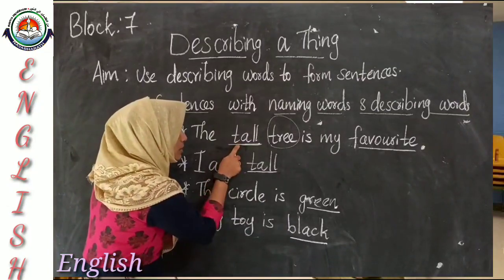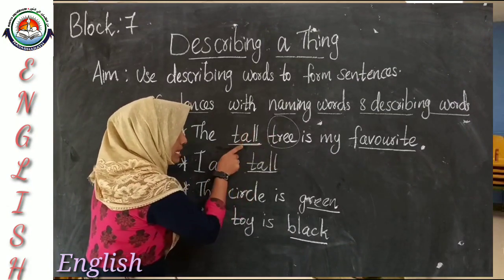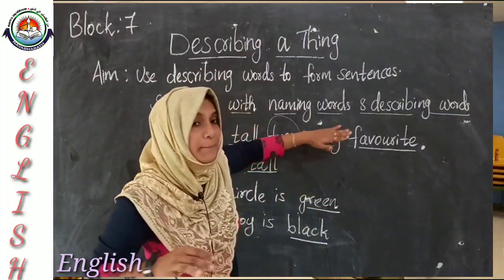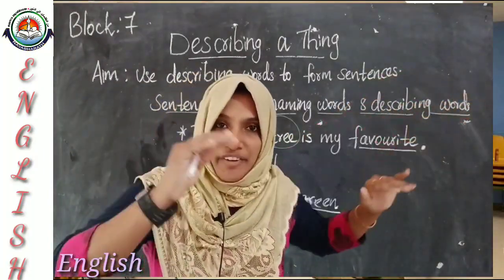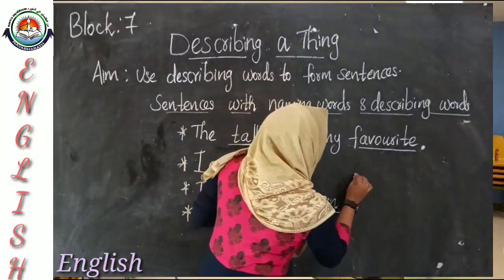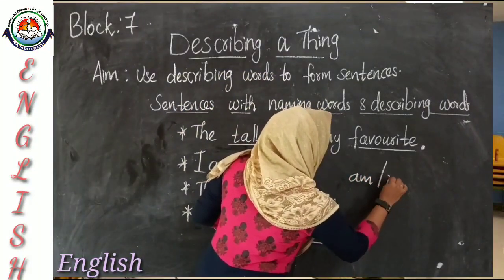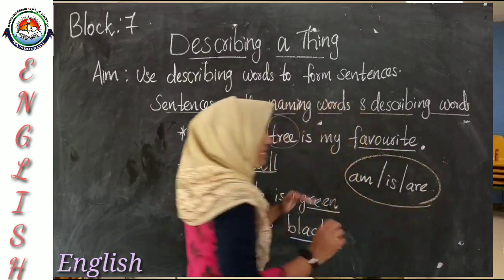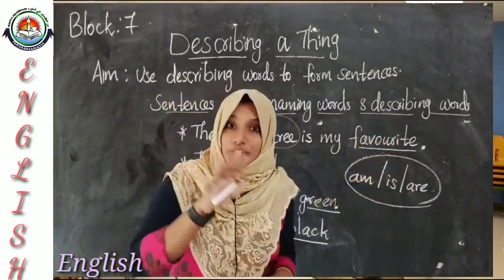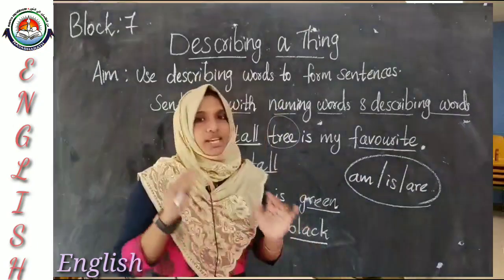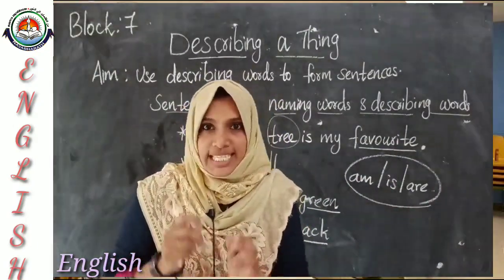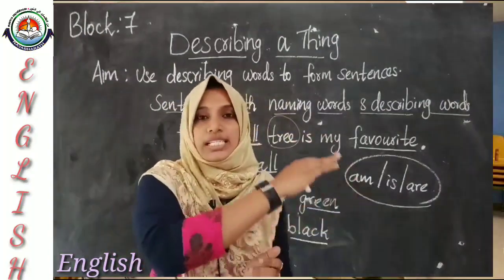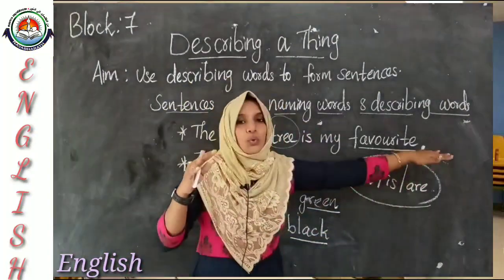This describing word is standing before the naming word, or after the words am, is or are. After these doing words also we can use the describing words. So we use describing words either before the naming word or after the words am, is or are.